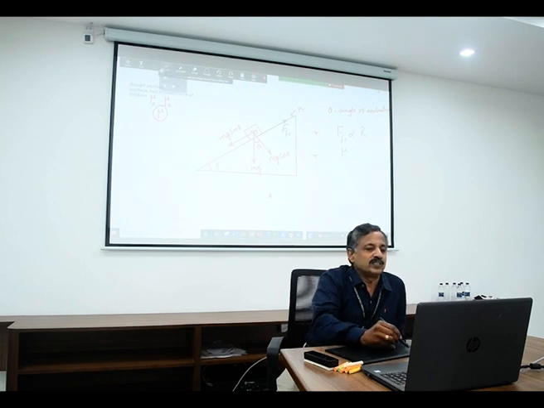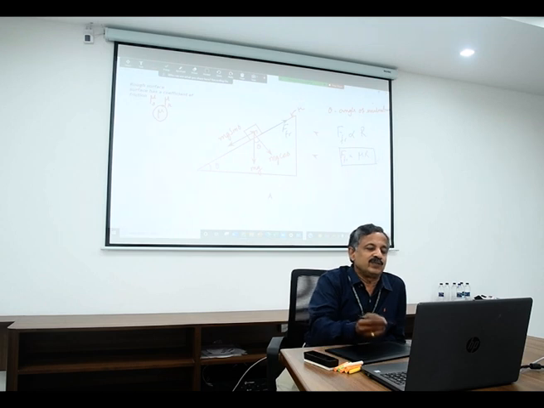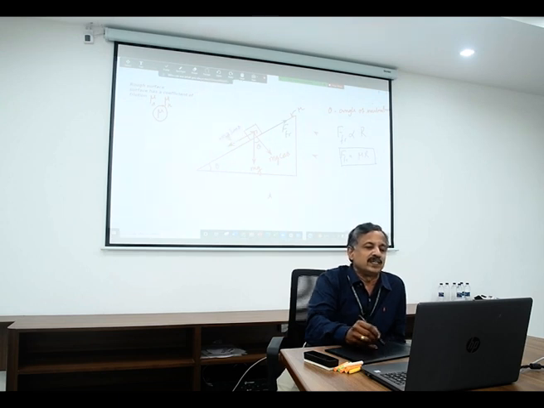I think I can put it this way. F_FR is equal to how much? Frictional force is equal to mu into R, where mu is the coefficient of friction and R is the normal reaction. Sir, we don't have the normal reaction here. We have to find it. So normal reaction is nothing but the reaction experienced by the object due to the surface.